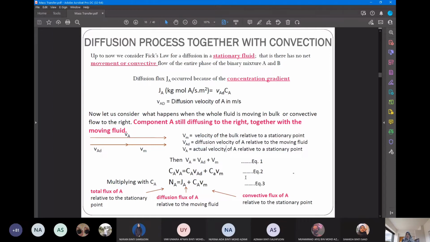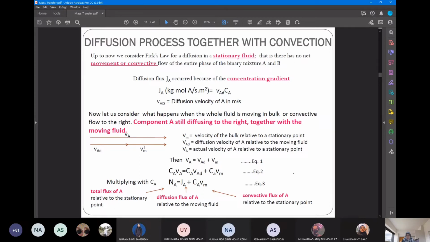So you can say that VA, which is actual velocity, is the summation of diffusion velocity plus velocity of the bulk. So VA is the resultant, VAD plus VM. Why do we have this? Because we are talking about diffusion and they have direction.